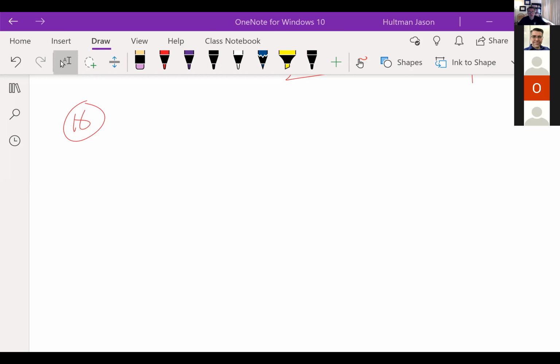Use Lagrange multipliers to find the minimum value of the function subject to the given constraints. This is a nice one. So we have f of x, y, z, and t equal to 7x plus 7y plus 7z plus 7t. Can everybody see my screen okay?